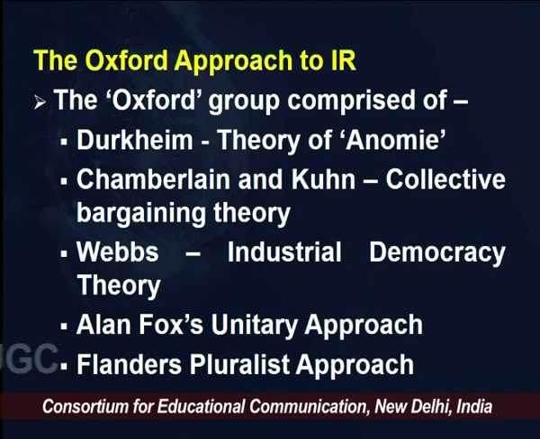Here the theories involved are Durkheim's theory of anomie, Chamberlain and Cohen's theory of collective bargaining, Webb's theory of industrial democracy, Alan Fox's theory of unitary approach, also he talked about the pluralistic approach, and Alan Flanders' pluralistic approach.